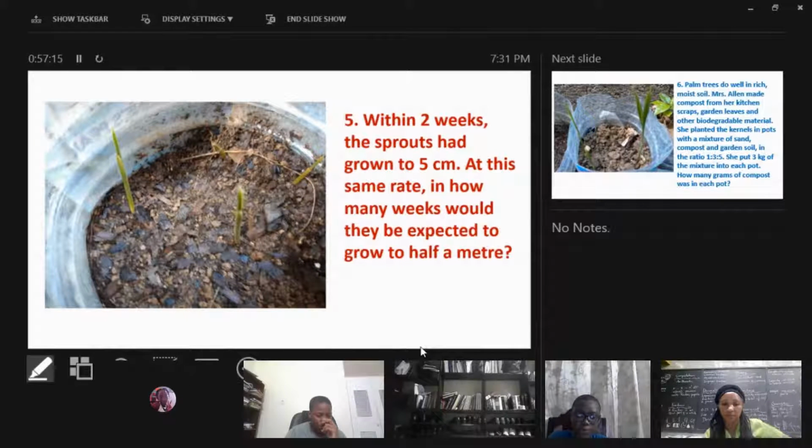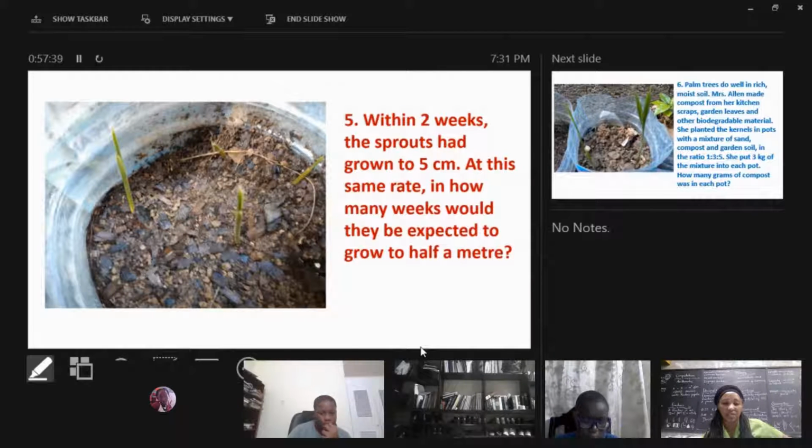Or anyone who has an idea about number 5. How can we solve number 5? Within 2 weeks, the sprouts had grown to 5 centimeters.